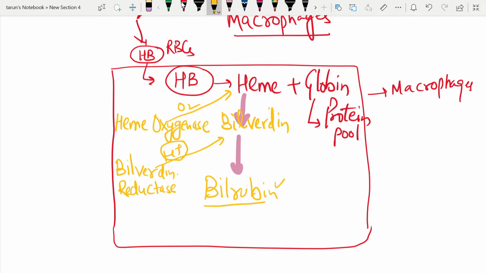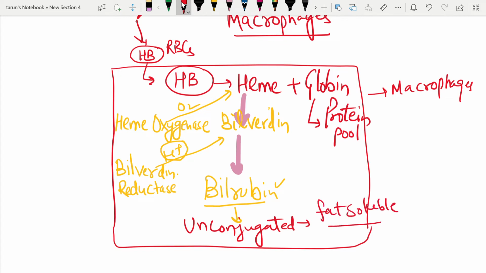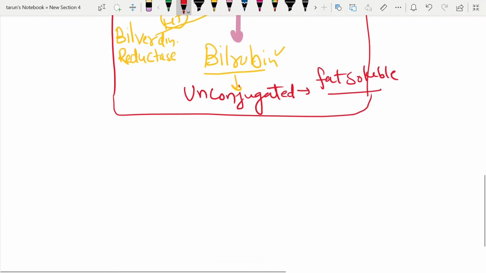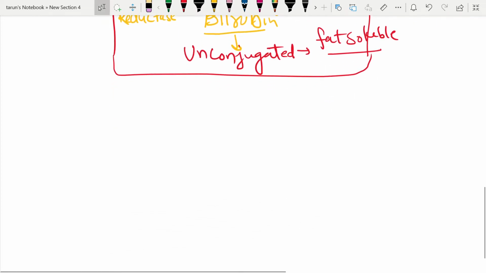This bilirubin is unconjugated, therefore it is fat soluble but not water soluble. Being fat soluble, it doesn't dissolve in water.